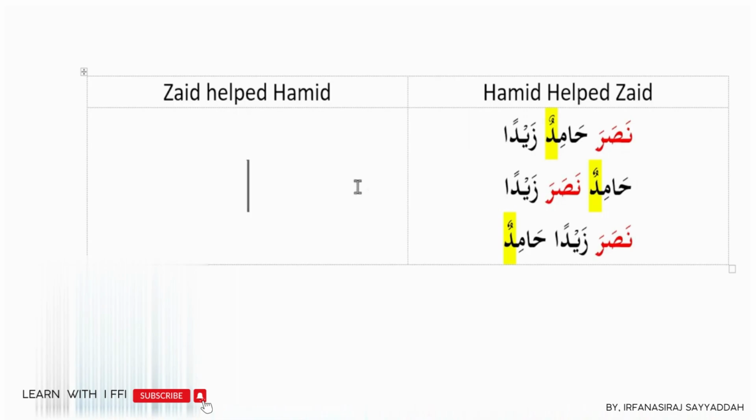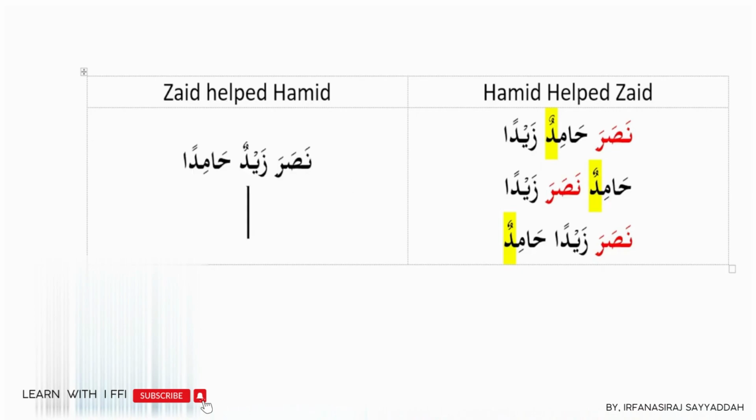So if you want to say Zaid helped Hamid, in the first examples we had Hamid helped Zaid. So here let's put Nasara in the same way as we've done before. So Zaid is doing the act, so it will be Zaidun. And who is helping? Who's been helped? Sorry, Hamidan.